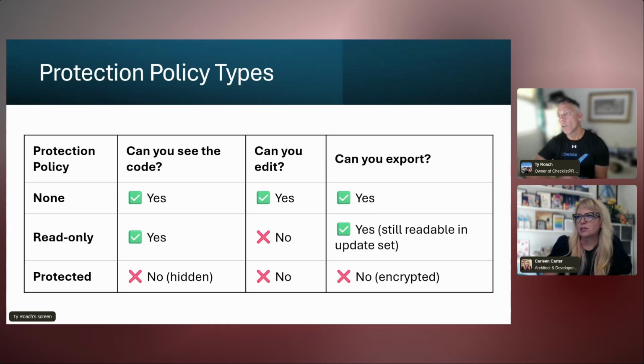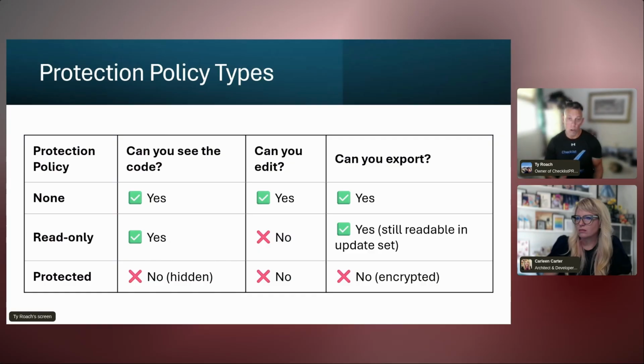Okay, so what are the protection policy types? Well, there's none, in which case it's just wide open. Maybe most of what you develop is that way now. You can see the code, you can edit the code, you can export the code. If you set the protection policy to read only, you can see the code, but you will not be able to edit the code if it's promulgated to another instance the right way.